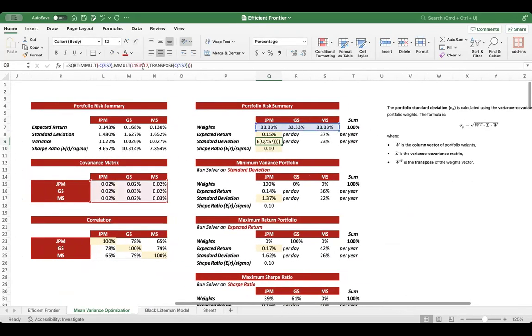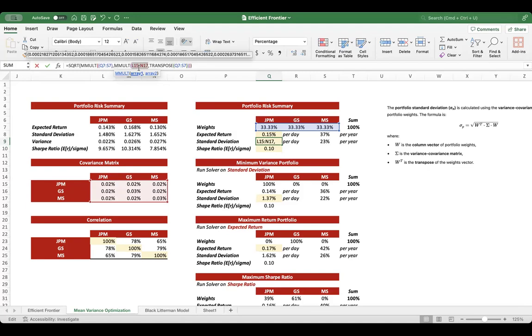What I'm doing is, first I'm doing the matrix multiplication. Matrix multiplication is a concept of linear algebra, and this is why linear algebra is important. So matrix multiplication of my covariance matrix with the transpose of weights. These cells are nothing but my weights.